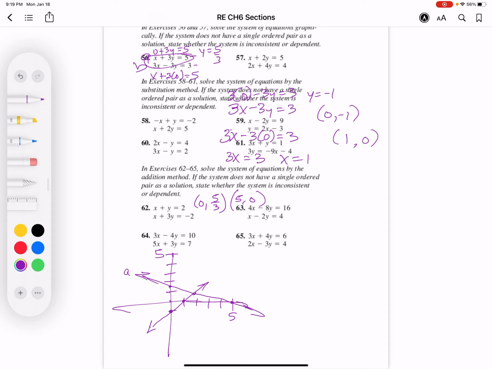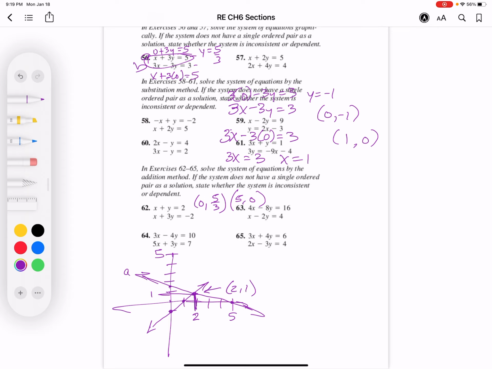So this point right here is our intersection, and my graph is a little wonky, but if I had drawn this a little bit nicer, that's going to be at point (2, 1). So that's our graphical version of solving the system of equations.